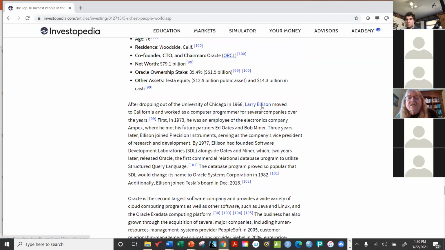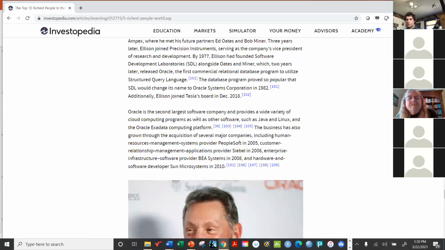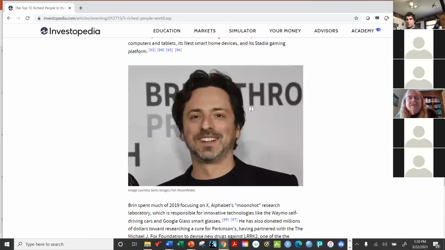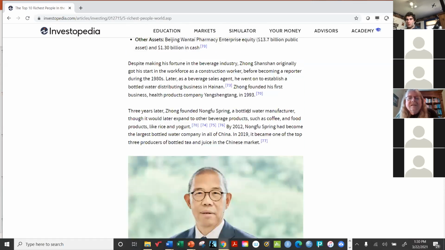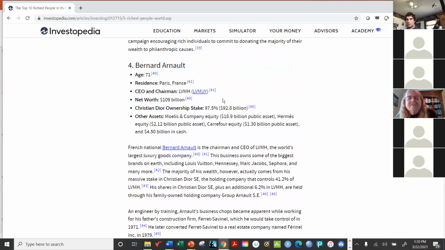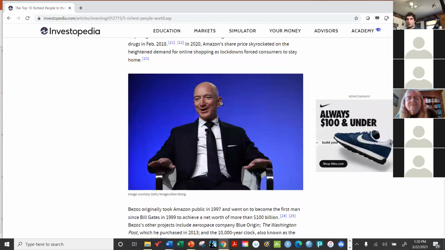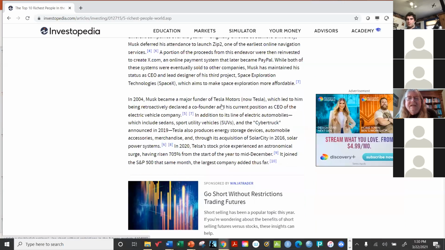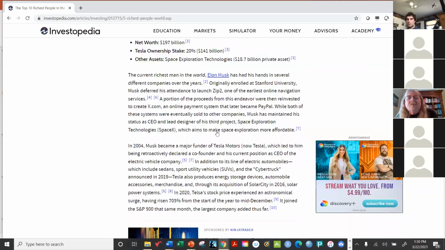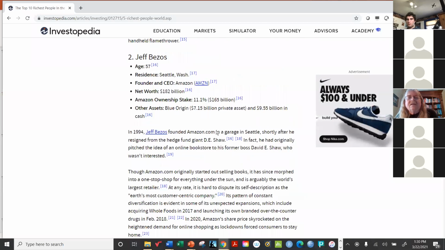Oh, he dropped out of Chicago to start his company. What is there about these guys who keep dropping out of these top schools? I don't know. But anyway, Elon is on top at the moment. But his lead is fairly slim, though. You never know. One small dip in the stock market and Jeff could be right back on top.